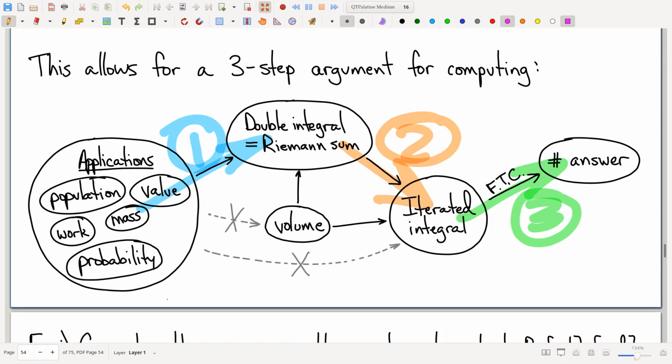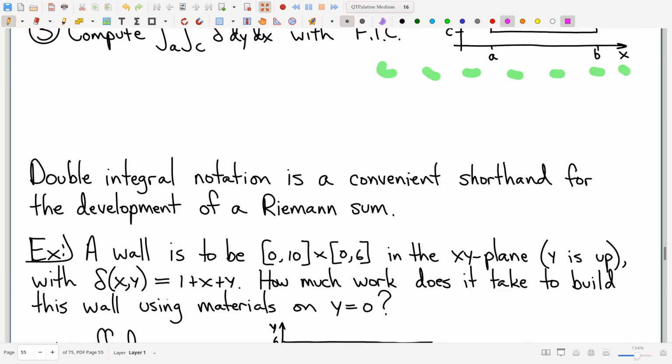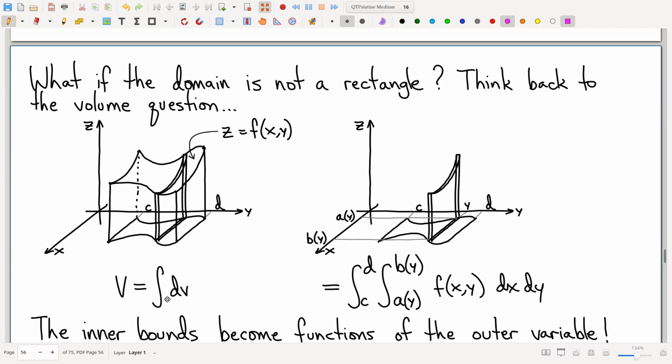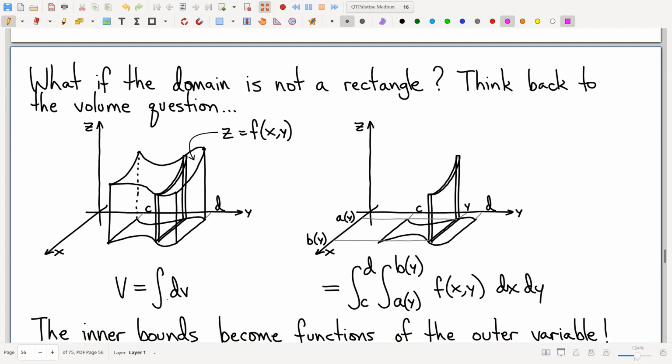So this is the roadmap, right? Oh, what are we going to do with a non-rectangular domain? And we kind of have to start all over. That's the bad news. Got to start all over. Here's the good news. Everything's the same except for one little micro detail.